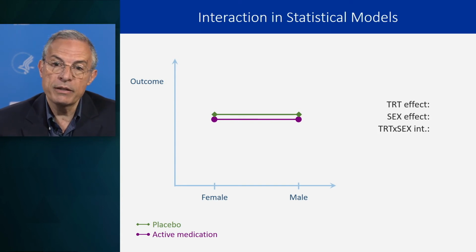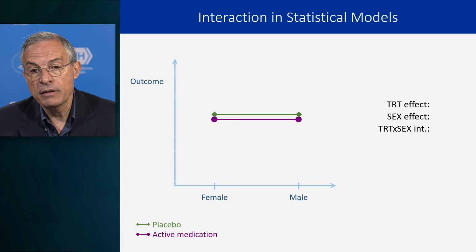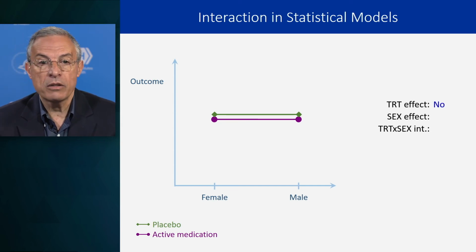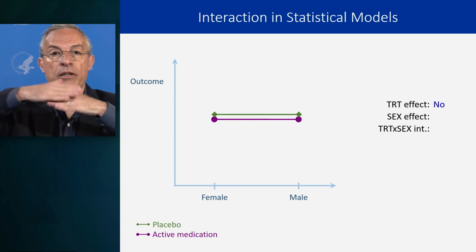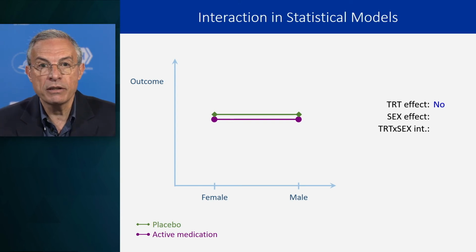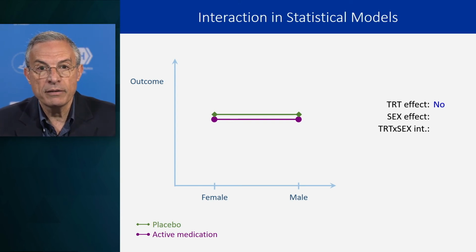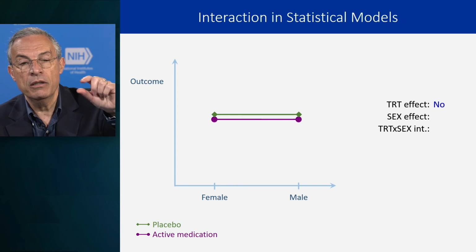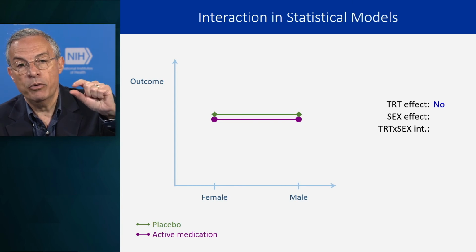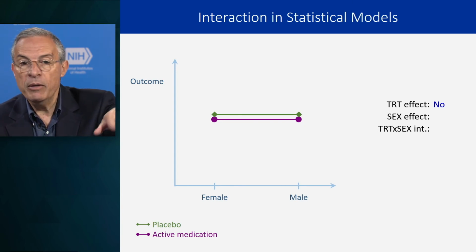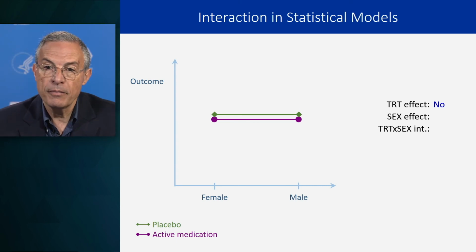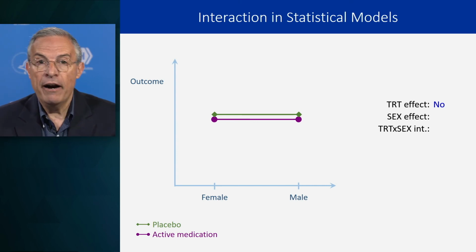So my question is, is there a treatment effect? No, because basically the placebo and the medication are on top of each other. There's no effect. There's no distance between the purple and the green for females or for males. Is there a sex effect?